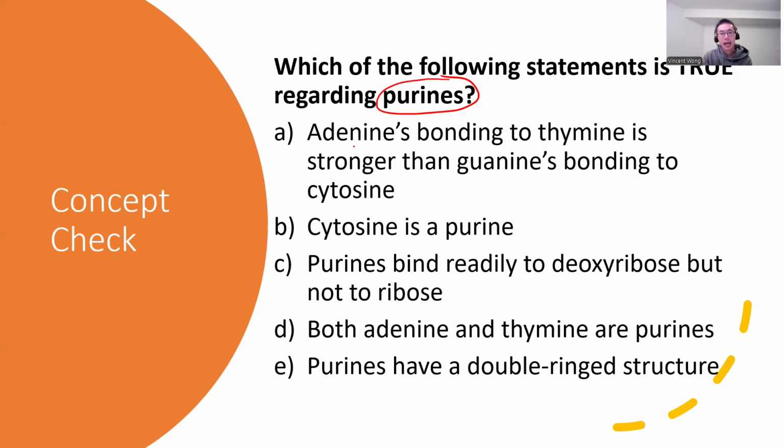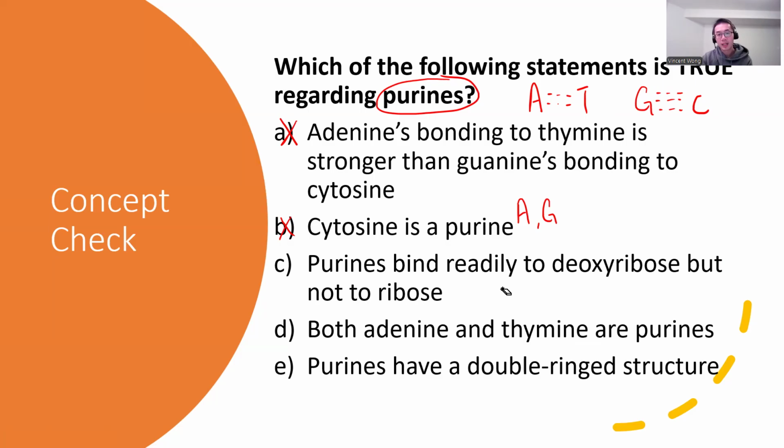Let's see. Adenine bonding to thymine is stronger than guanine to cytosine. That is not true. I told you between A and T there are only two bonds, whereas between G and C there are three, so it's definitely stronger between C and G than between A and T. Cytosine is a purine? Nope. Purines are A and G, pure as gold.